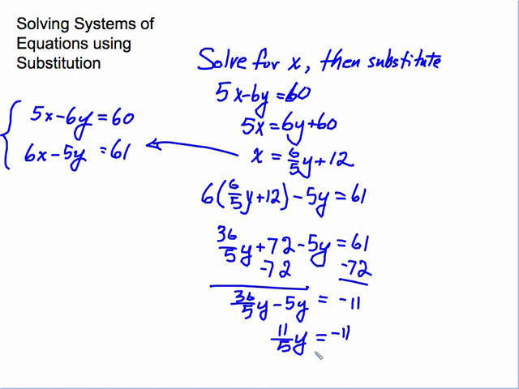If I multiply each side by 5/11, I will get that y equals negative 5.